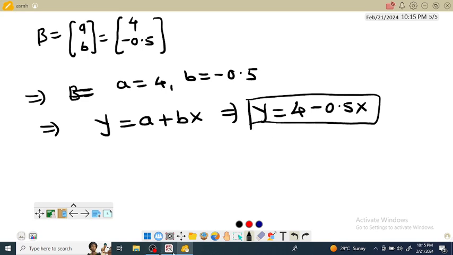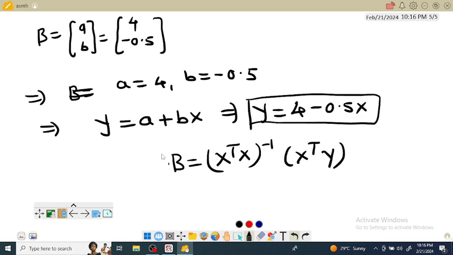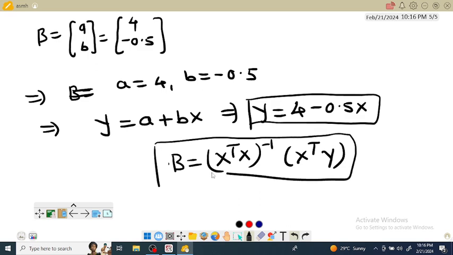Now we are going to use the same normal equation to find the values of b. We use the normal equation, (X^T X) inverse into X^T y, by using Python. So in Python we are going to use this normal equation.